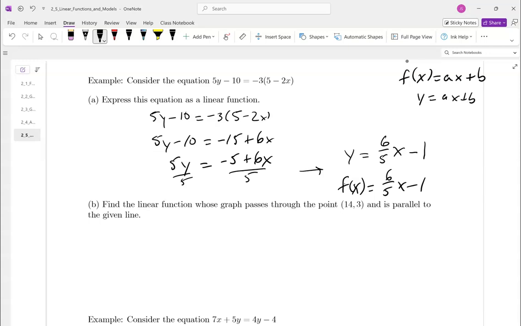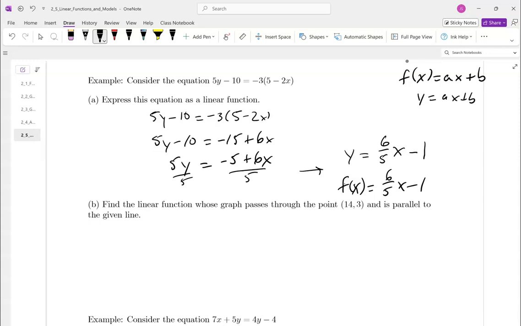Let's answer the second question here, where it says find a linear function whose graph passes through the point 14,3 and is parallel to the given line. So again, if you want to figure out the equation of a line, you need a point and a slope. Let's concentrate on the slope first. The word parallel tells us about slope. What do we know about two lines that are parallel to each other with regard to their slope?